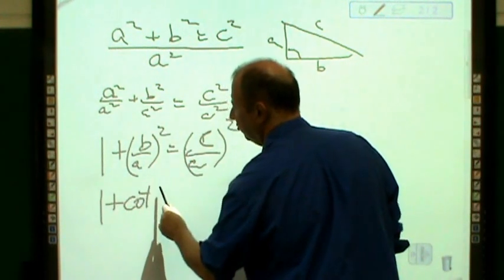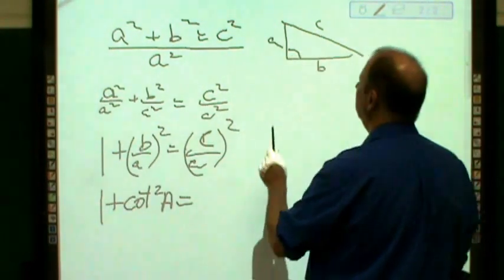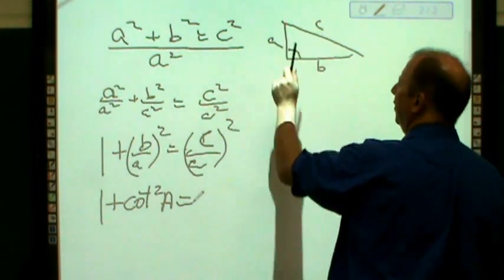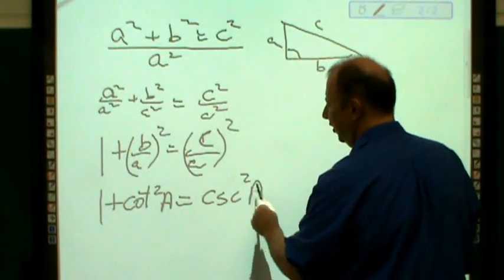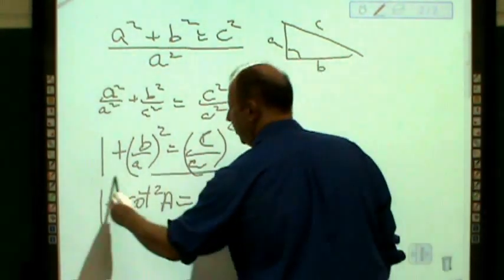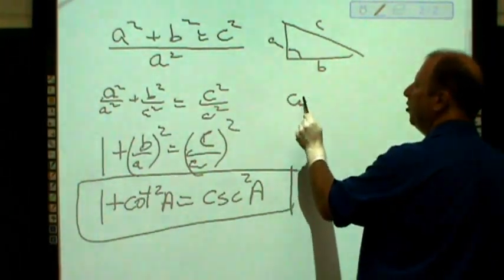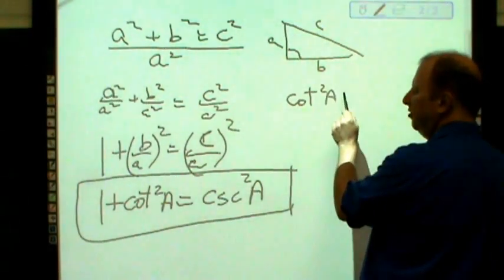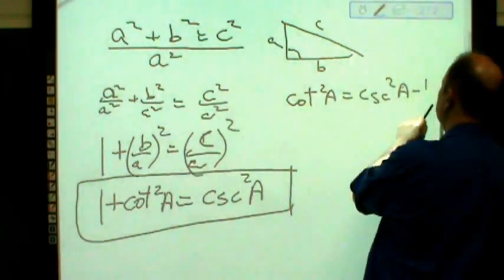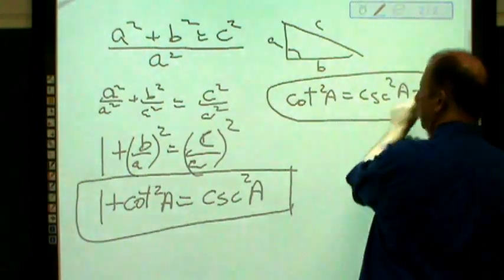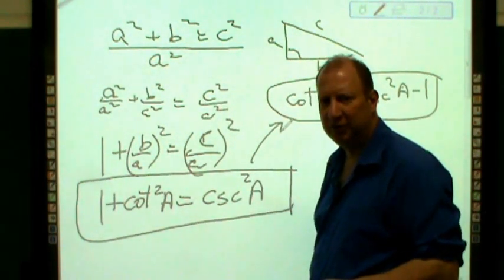So 1 plus cotangent squared of A is equal to c over a squared, which happens to be cosecant squared of A. So right here we have another identity. Of course, we can say cotangent squared A is equal to cosecant squared A minus 1, again using some simple algebra.